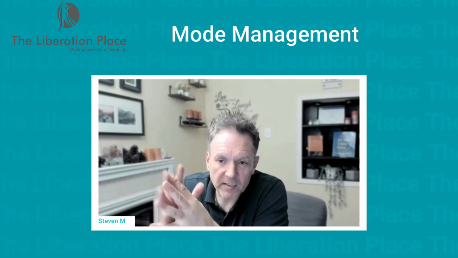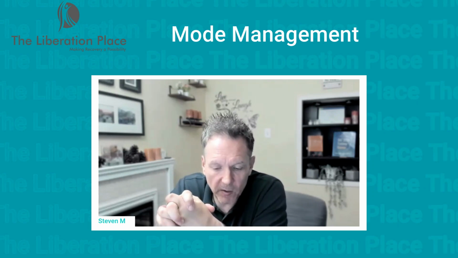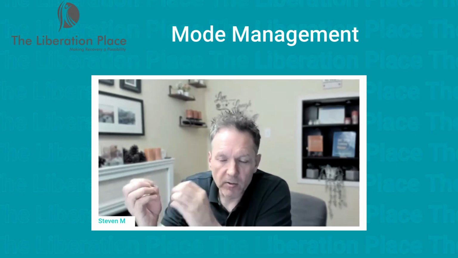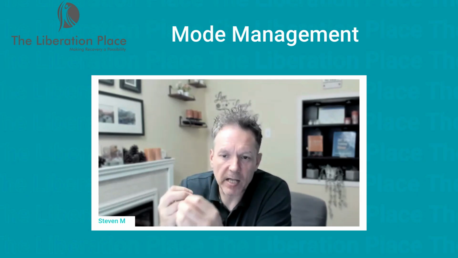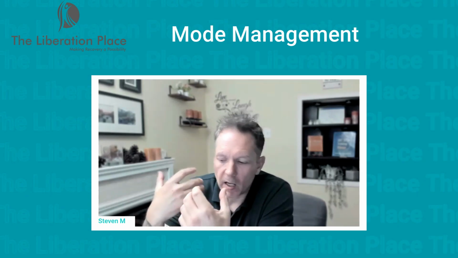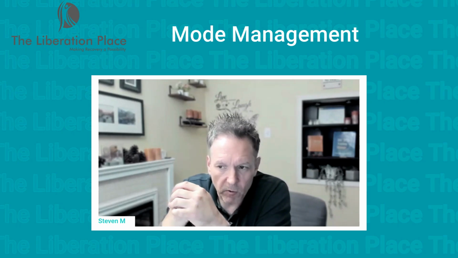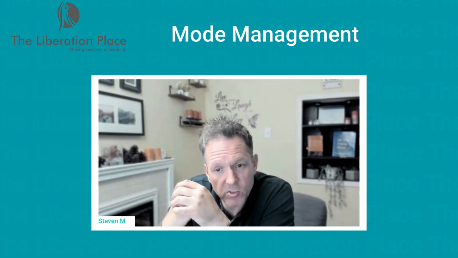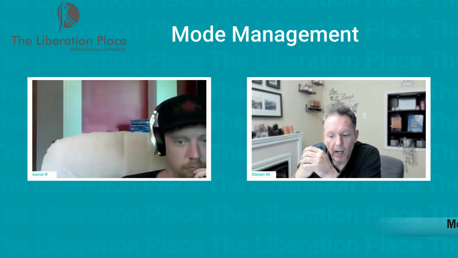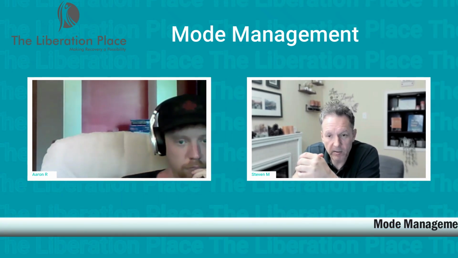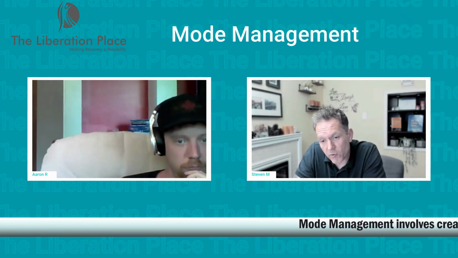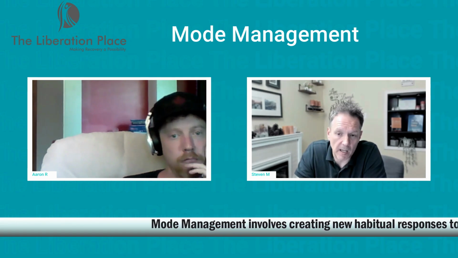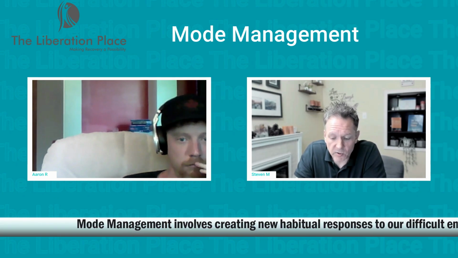If there's a part of my personality that is responding in a very rigid way to a particular situation, the skills of distress tolerance help me to manage that mode of behavior, so it's not creating the problems that it was before. So mode management is all about creating new habitual responses to these emotional experiences, and we do that primarily through the use of a skill in dialectical behavior therapy, distress tolerance, that is called accepts.